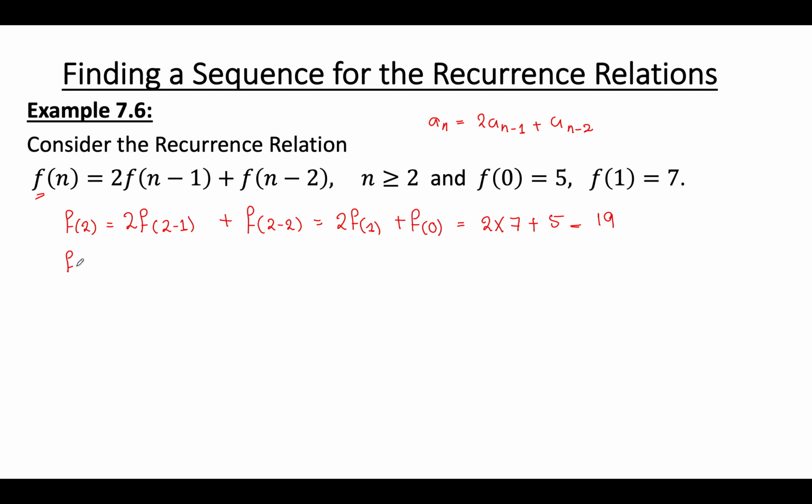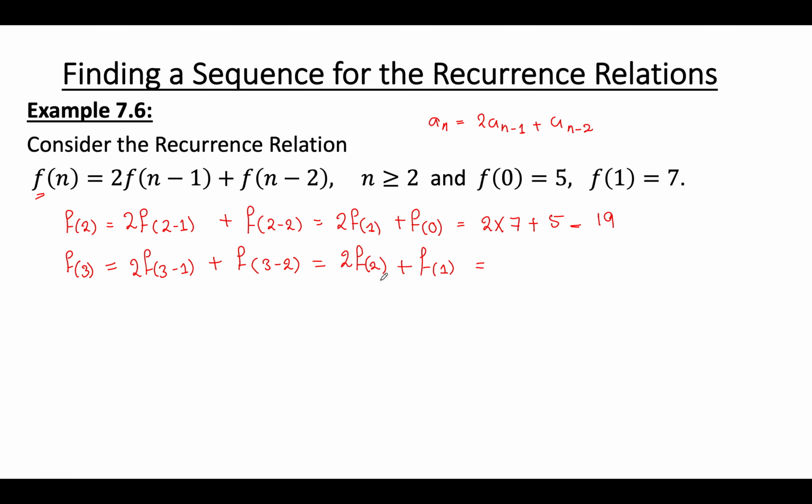Okay, now let's see. f(3) is equal to 2f(3-1) plus f(3-2), and this is equal to 2f(2) plus f(1), since 3-1 is 2 and 3-2 is 1.